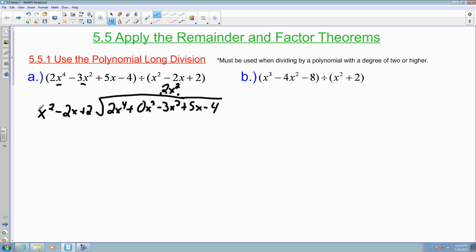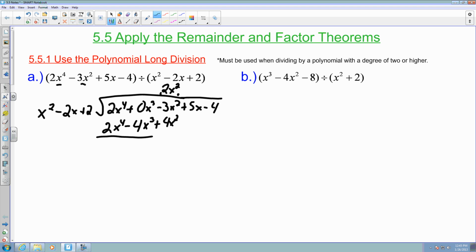If I take 2x squared and distribute it to the x squared minus 2x plus 2, that'll give me 2x to the fourth, or I'm sorry, minus 4x cubed plus 4x squared.